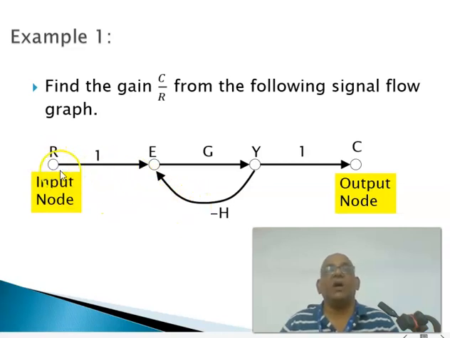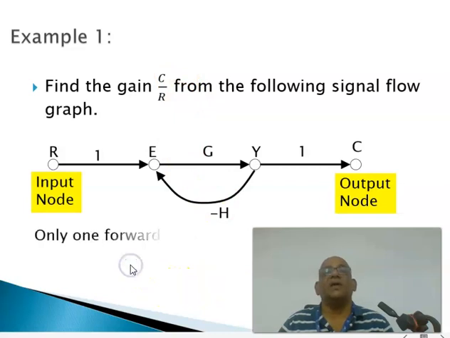It has 1, 2, 3, 4 nodes, that is 4 variables, one forward path going from R to C. You can see that R is the input node, C is the output node, and only one loop, E, Y, back to E. We are required to find the transfer function C by R. Let us try to do that.